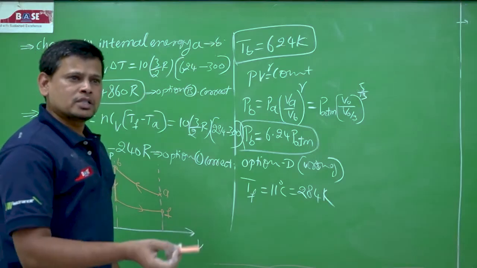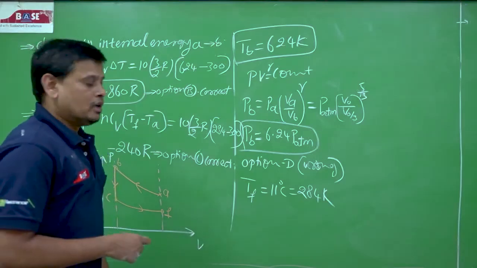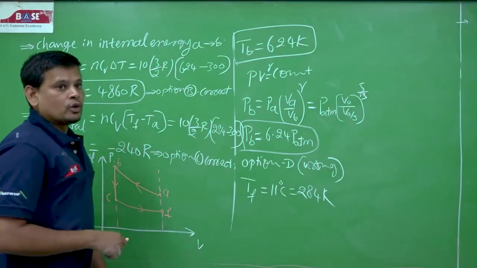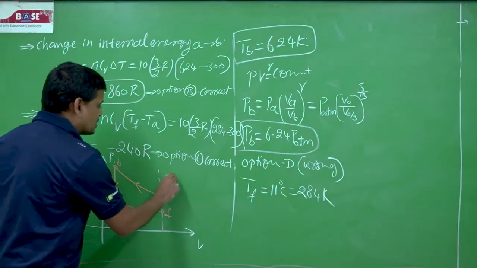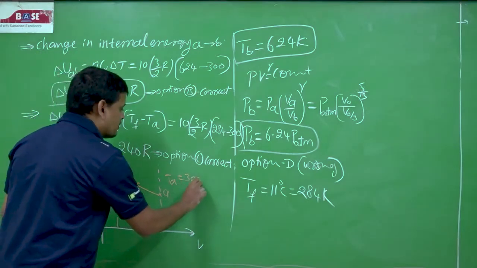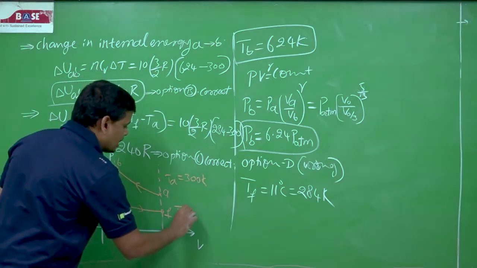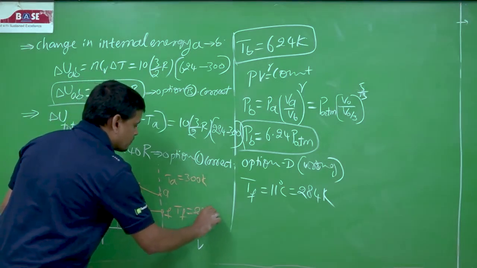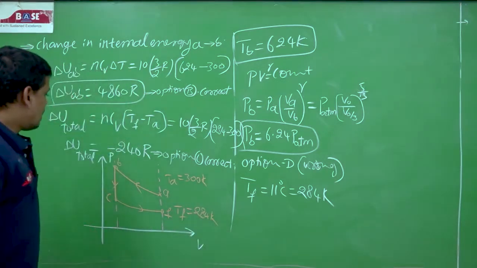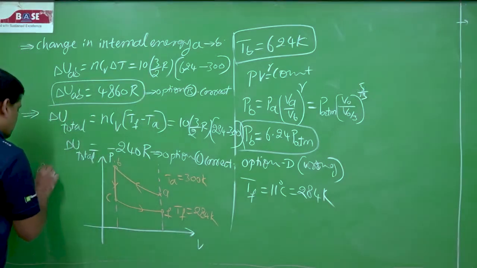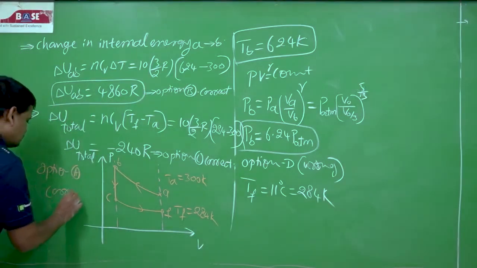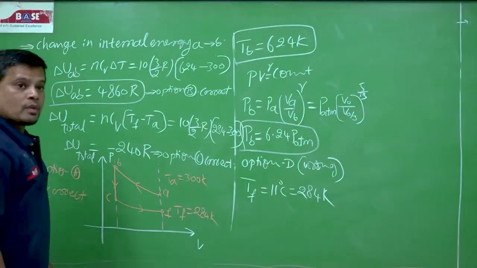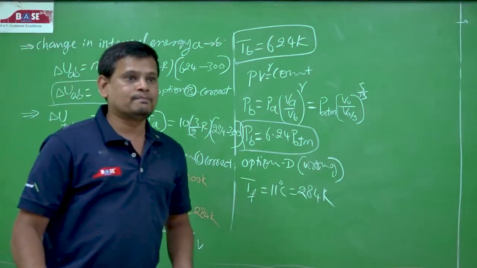Initial position here means maybe the same volume but not the same temperature. So points A and F need not touch each other, because the temperature at A is 27 degrees Celsius, or 300 Kelvin, and the temperature at F is 284 Kelvin. That is the reason, and option A is also correct. That's it. Thank you.